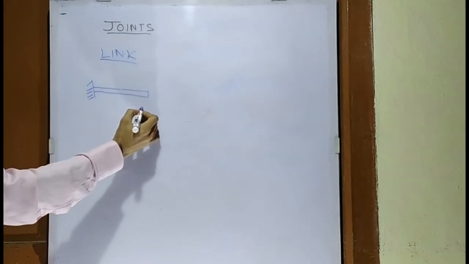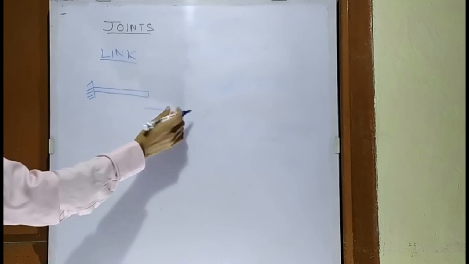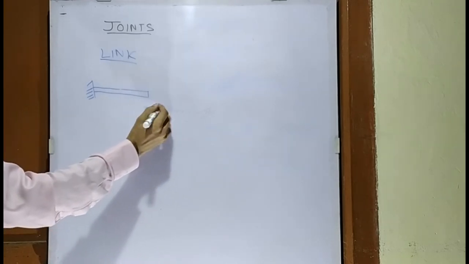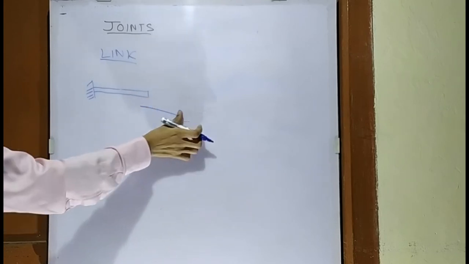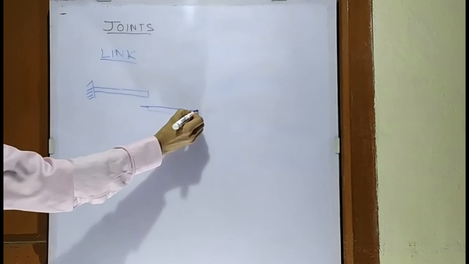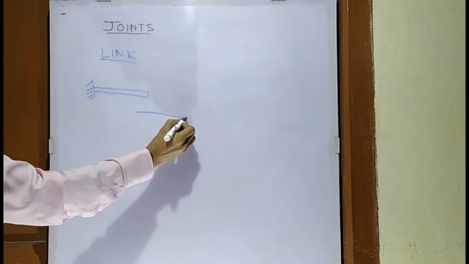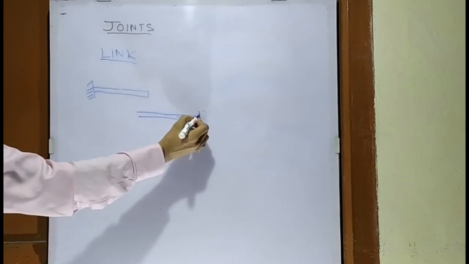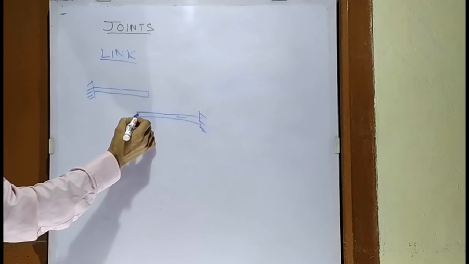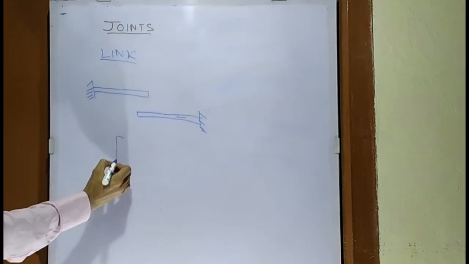Now there is also a beam like this, which we have considered in our roller example, sorry, let us just make something below. So this is the beam and this is also fixed at this joint. Now what is a link? A link is an element like this.